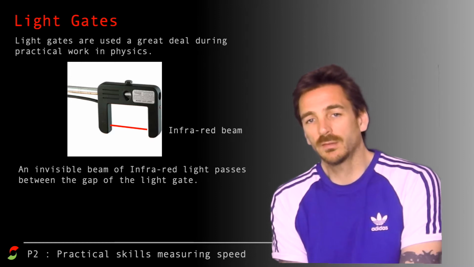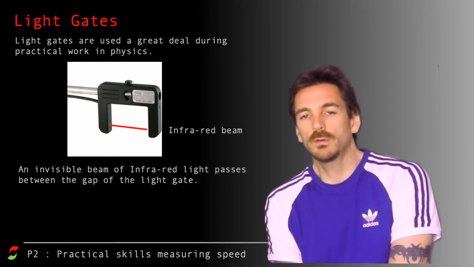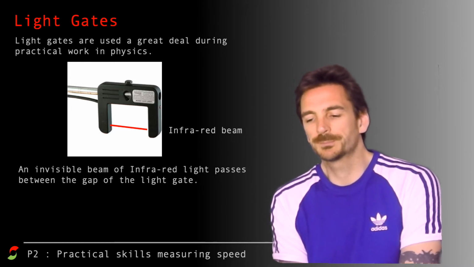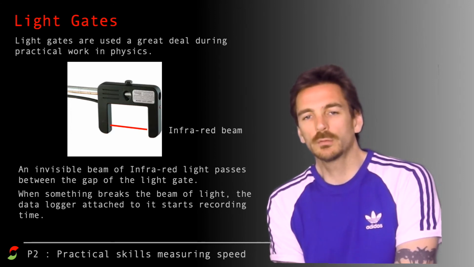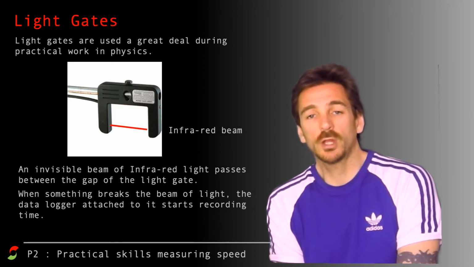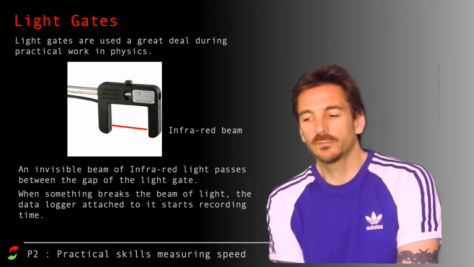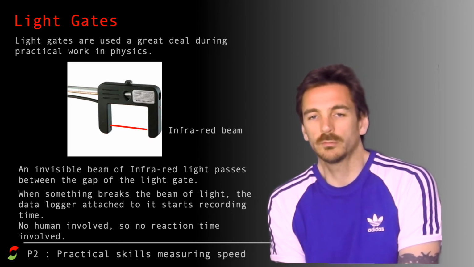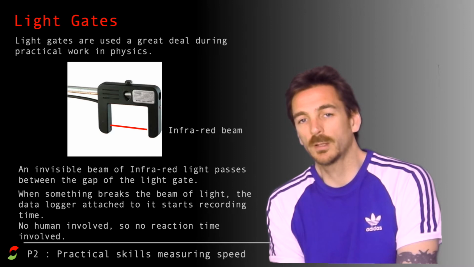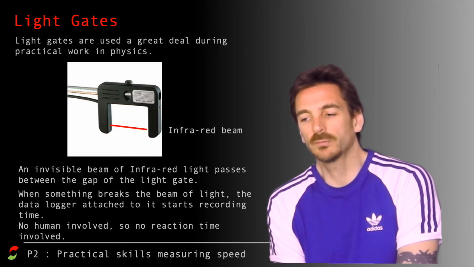I've just added it here, and that's usually in the infrared region, so you won't be able to see it. What happens is, when that beam of light is broken, a data logger that is attached to the light gate starts recording the time. And it's going to be far more accurate in measuring time because humans aren't involved in recording the time. There's no reaction time involved.